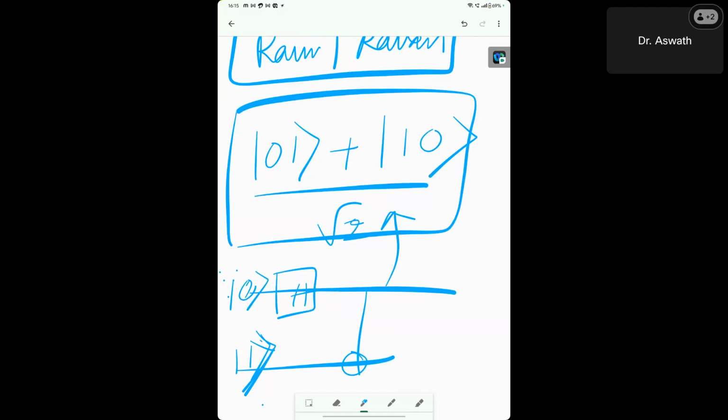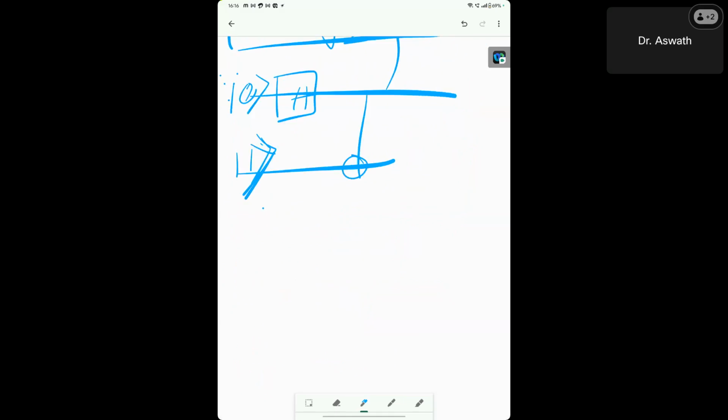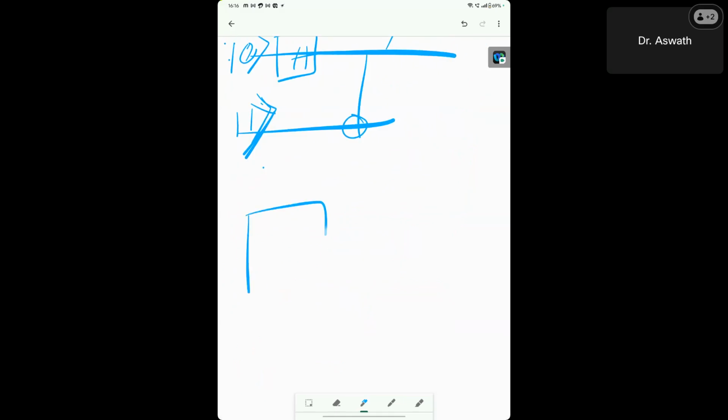Now, when I make an observation on one of them, let's say system A, its one state is destroyed, meaning the probability amplitude is destroyed, the entire state is destroyed, and the other atom is forced to fall to 1. So it is like Ram and Ravan are separated.